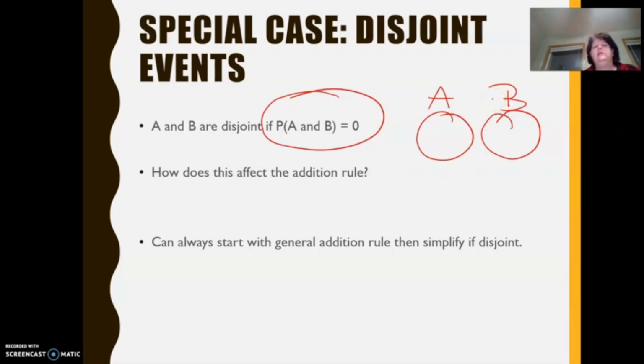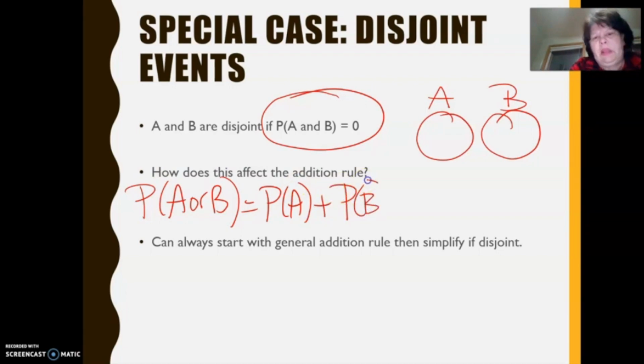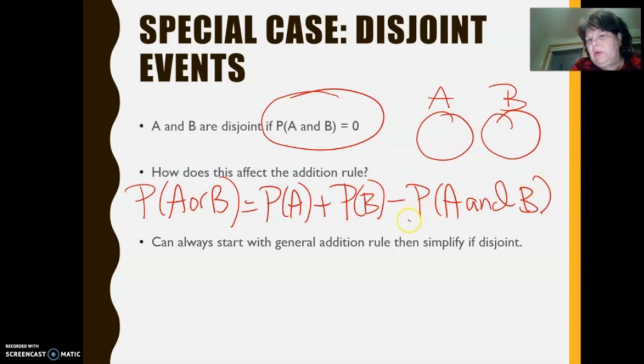How does this affect the addition rule? Well, let's see. P of A or B is supposed to be P of A plus P of B minus P of A and B, right? Well, if P of A and B is 0, this goes away and you just simply sum the two probabilities.